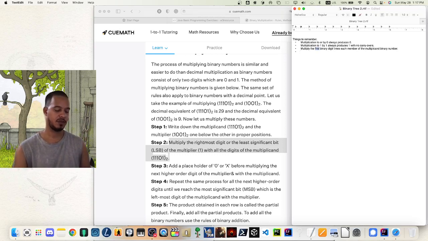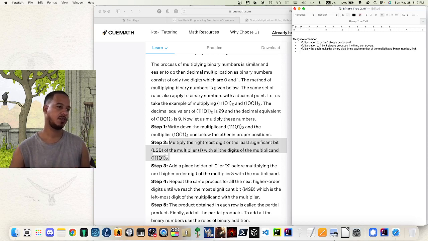Multiply, let's say, each multiplier binary digit times each member of the multiplicand binary number. Okay. First.